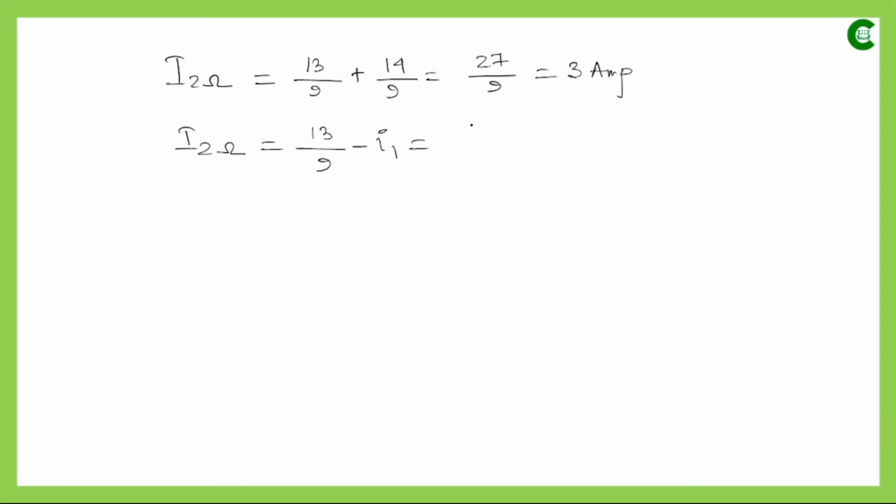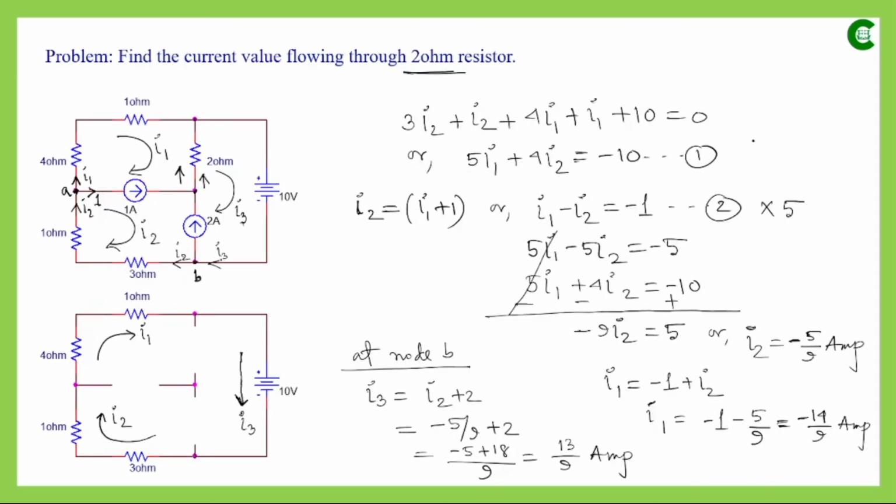So we write 13 by 9 minus of minus 14 by 9. Finally it will again be 27 by 9, which equals 3 ampere. So the current through this 2 ohm resistor is 3 ampere. This way we can apply the concept of super mesh and find the expected parameter. So this is the end of this class.